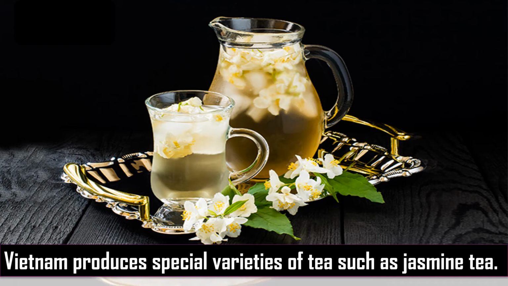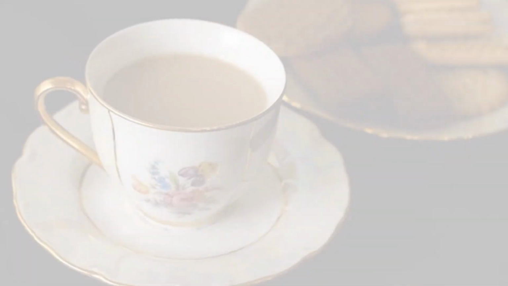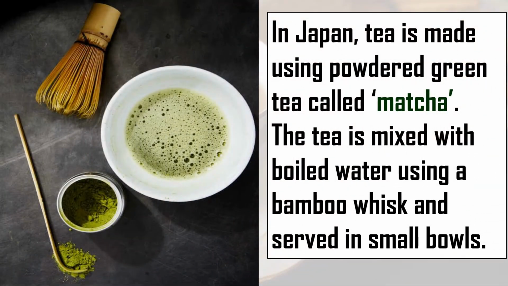As we have learned earlier, many people in Japan are members of tea clubs. So drinking tea is really a tradition or ceremony for the Japanese people. In Japan they have different types of tea, made using powdered green tea.